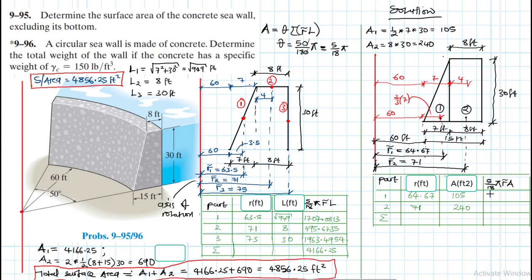And then if we do the calculation, the product of 64.67 by 105 by 5/18 by pi gives us 5925.6982.